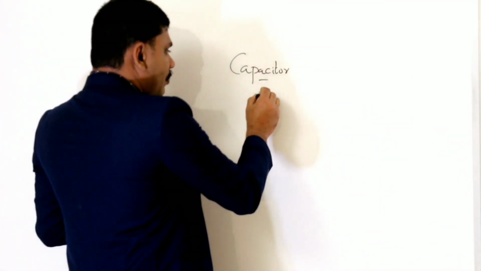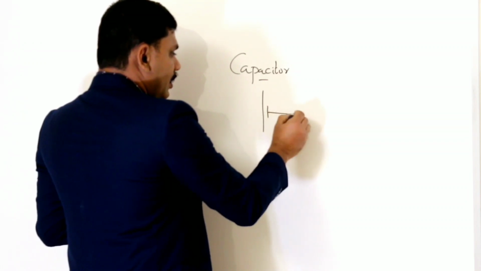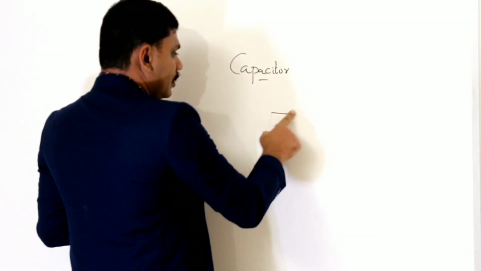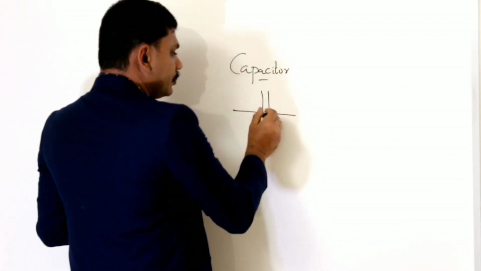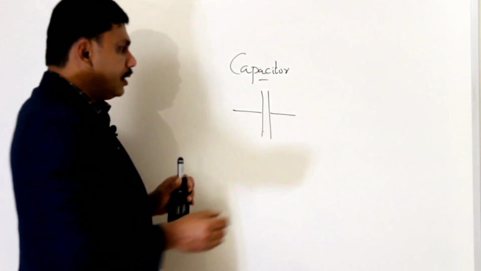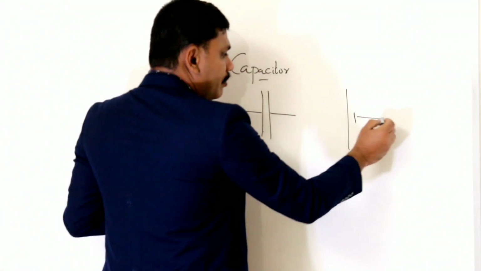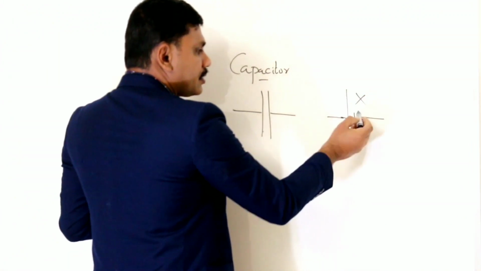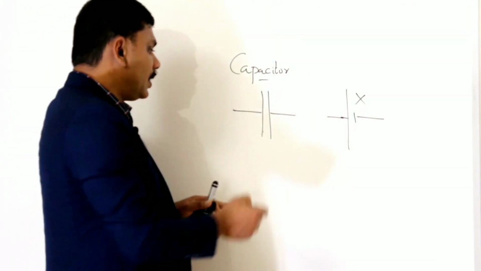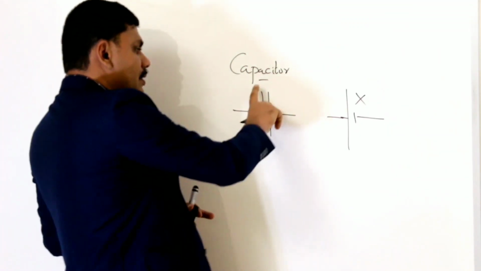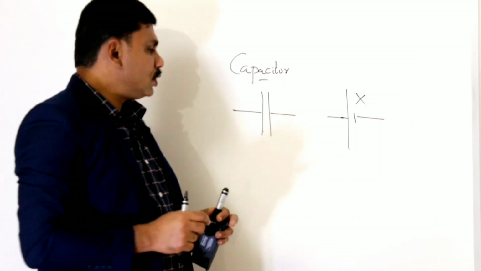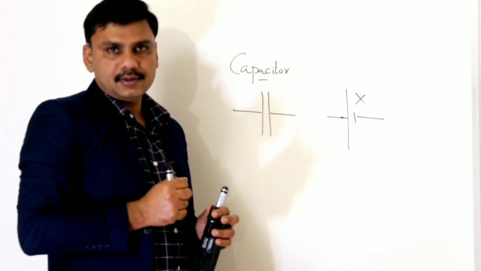The symbol of the capacitor is like this. It is not like this. This is the symbol of a cell. It is wrong. The symbol of the capacitor is like this. That means the two lines are the same length.